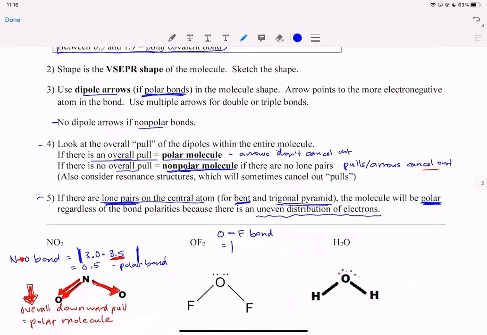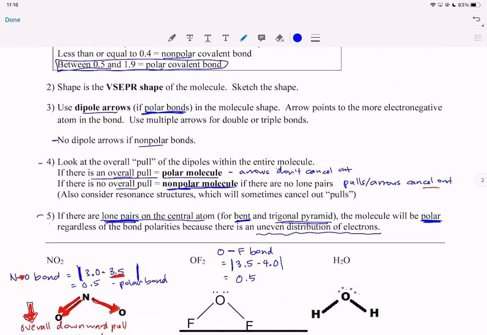So this is the absolute value of 3.5 minus 4.0, which is 0.5. And 0.5 falls in that polar bond range. So this is a polar bond, which means you could turn this line into an arrow pointing to the more electronegative atom. So 4.0 is the greater value, which means the arrow points towards the fluorine.